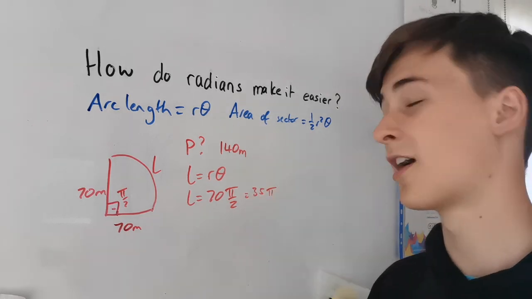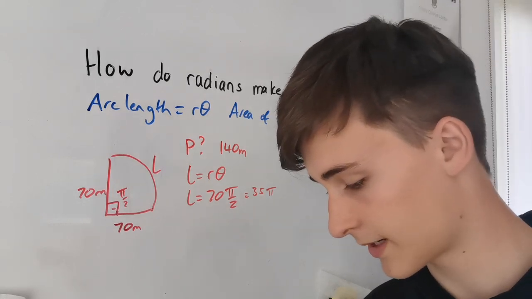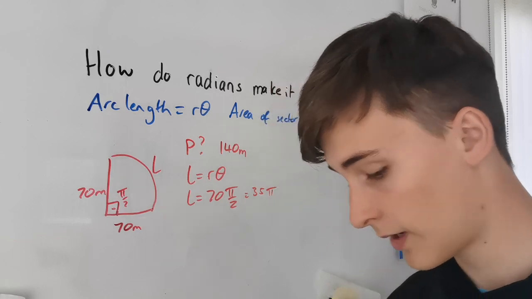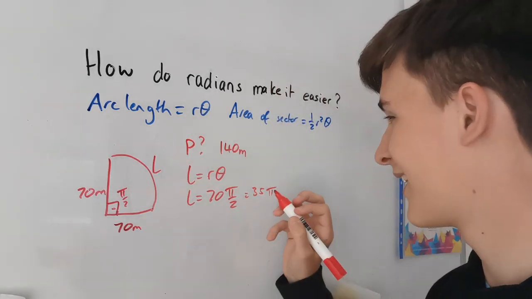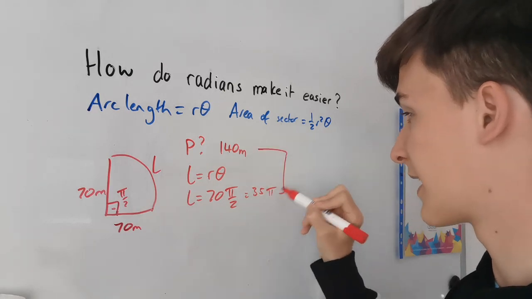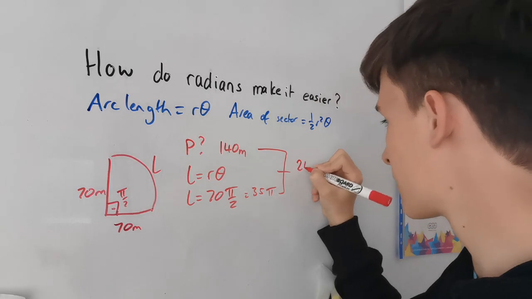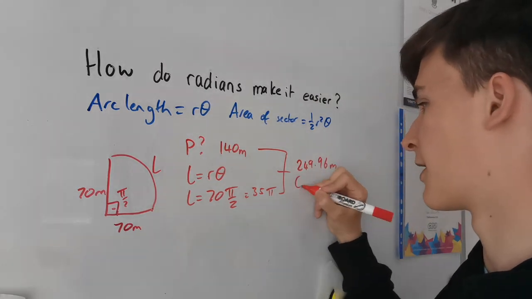You could say 140 plus 35 pi, and if I type it into my calculator and add both of these together, we get 249.96 meters. You could probably round that up to 250.